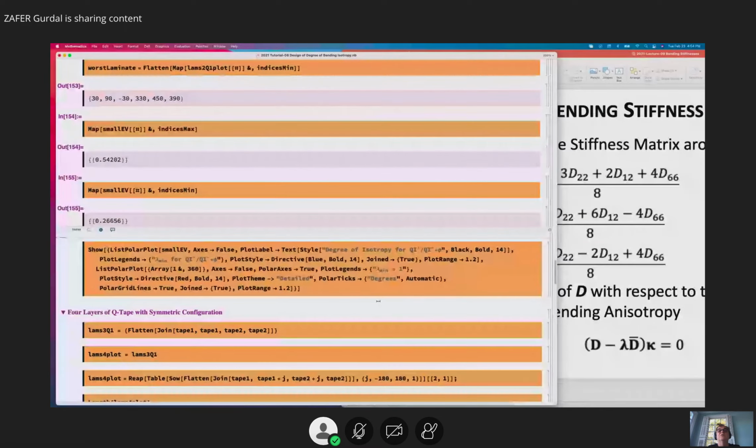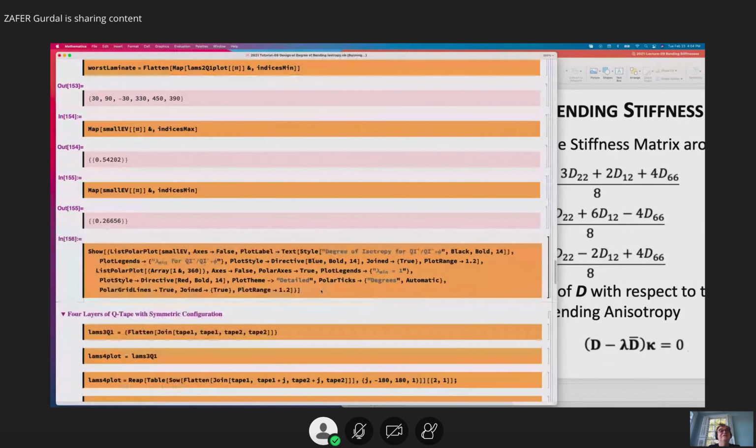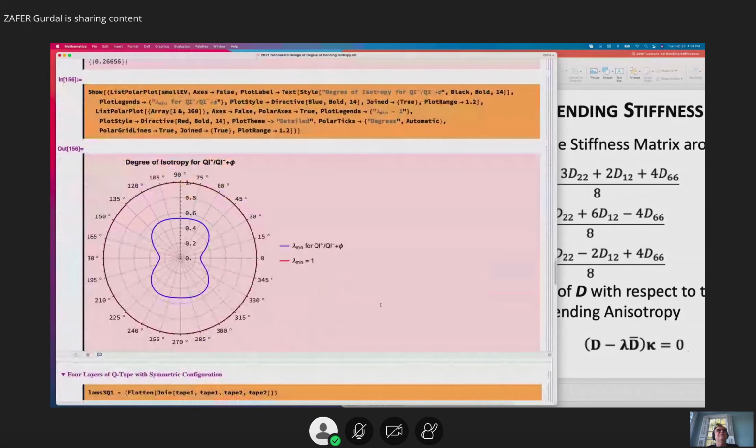So I'm going to show all of those now in one plot. And this is what you see. So what this plot is showing is the D matrix degree of anisotropy.